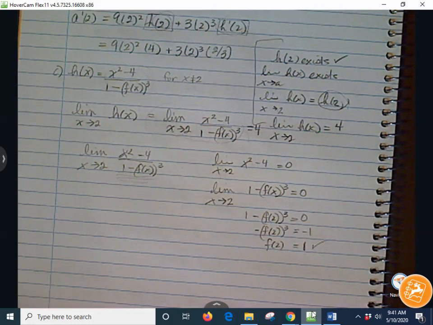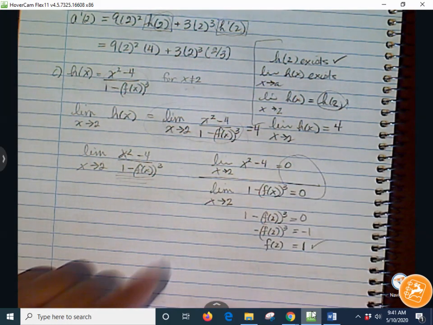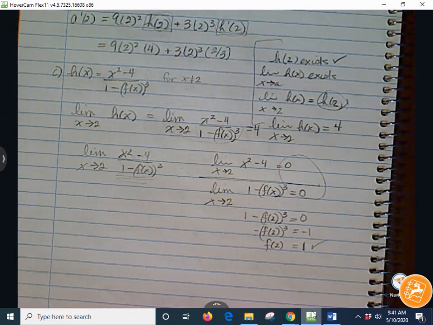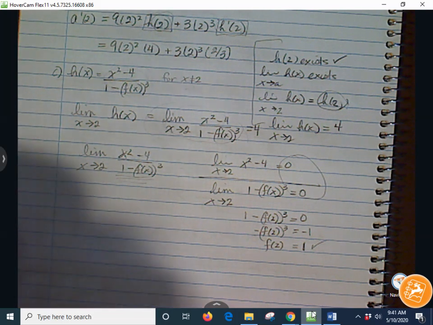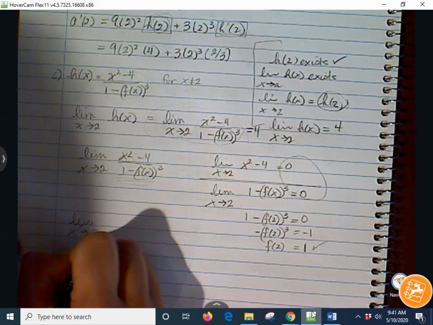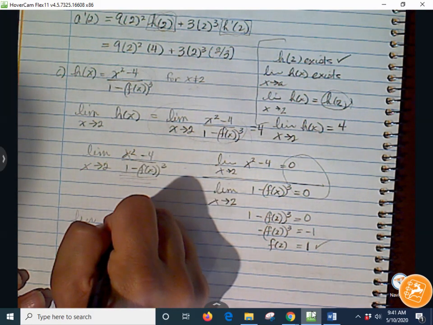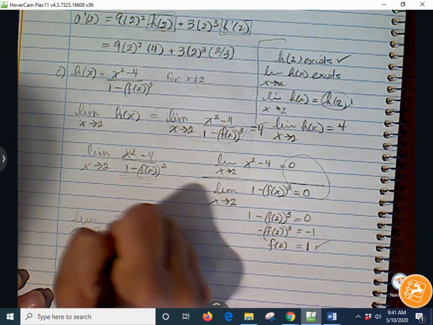And now I need to find f prime of 2. So now that I have this, this is an indeterminate form, okay, which means then I get to take the derivative of the numerator and denominator using L'Hopital's rule, okay? So I'm going to go limit as x goes to 2. The derivative of the numerator is going to be 2x.